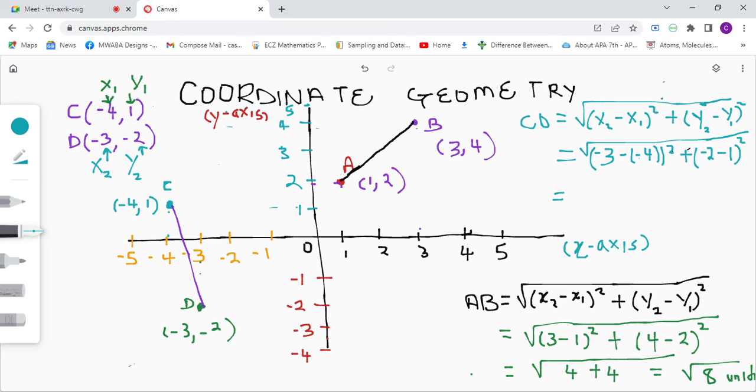-3 minus -4. This negative and negative make it positive. So -3 plus 4, we get +1. We get 1 squared in here, plus -2 minus 1, that we get -3. So we have -3 squared in here.